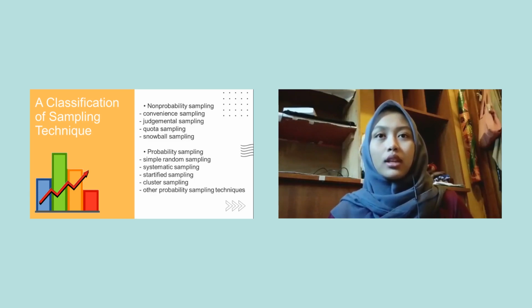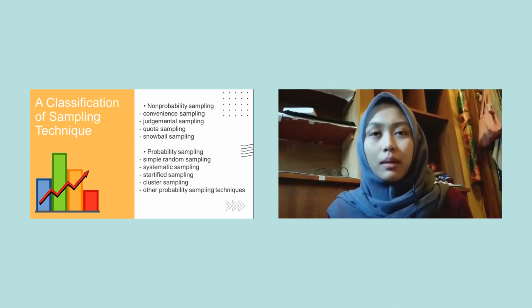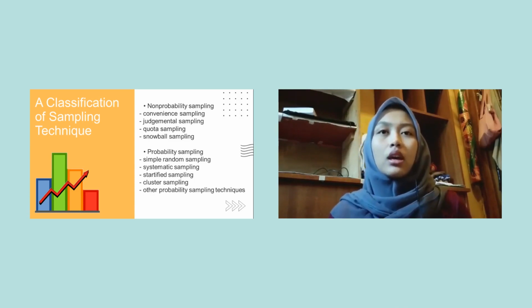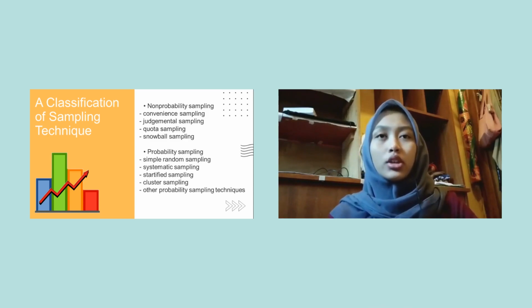Probability sampling techniques. Probability sampling techniques consist of simple random sampling, systematic sampling, stratified sampling, cluster sampling, and other probability sampling techniques. For the first, simple random sampling, a probability sampling technique in which each element in the population has a known and equal probability of selection.